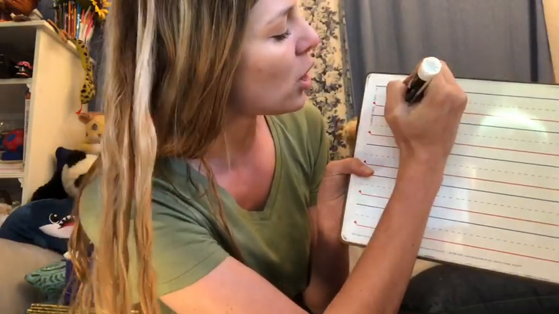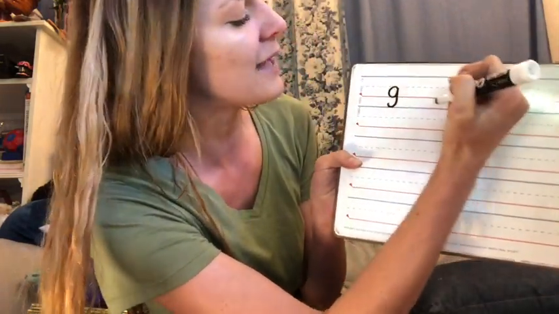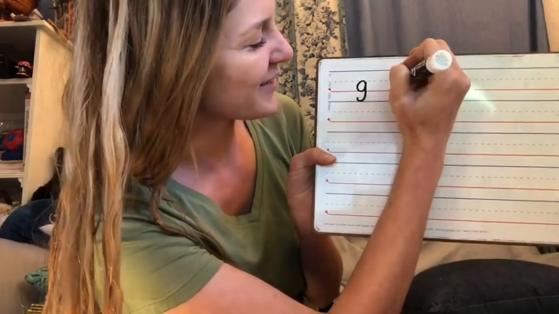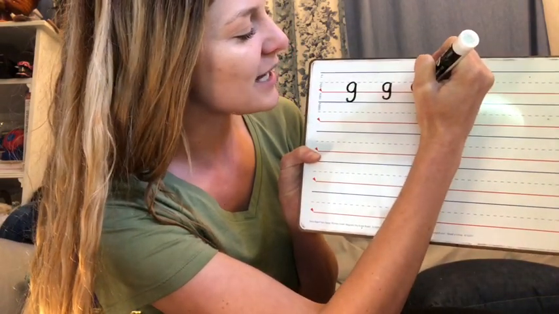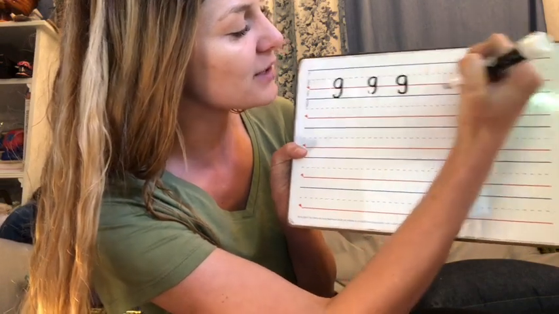I'm going to say around like an O, down, hook left. That's to make the letter G. Try it in the air a couple of times, saying it. Now we're going to practice writing it. Around like an O, down, hook left.